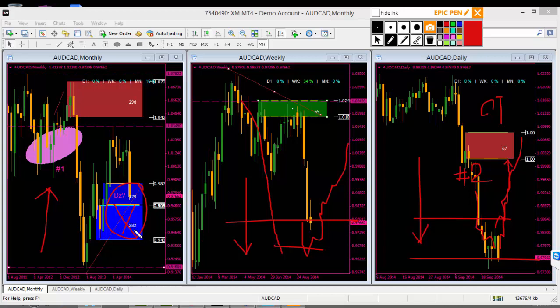You go down to the weekly to draw your weekly demand, which is within the monthly demand, then go to the daily and identify a demand which is also within the weekly demand and also within the monthly demand. Then you wait there to buy, and you are trading with the trend of the higher time frame.